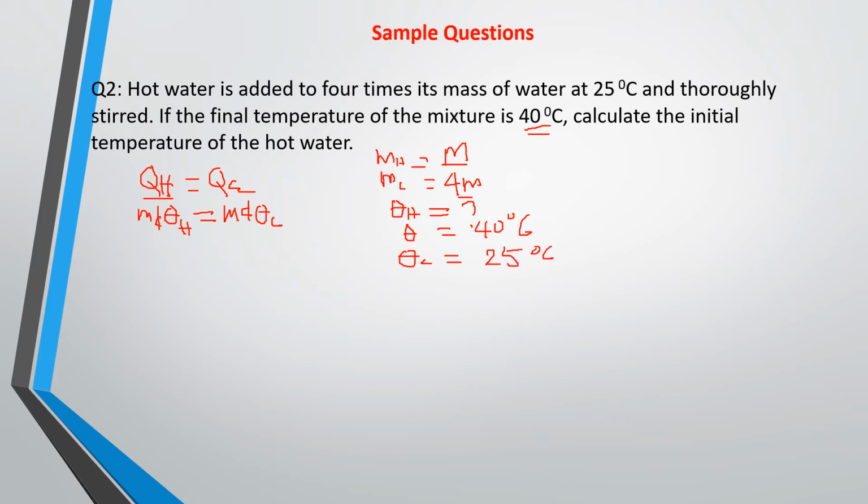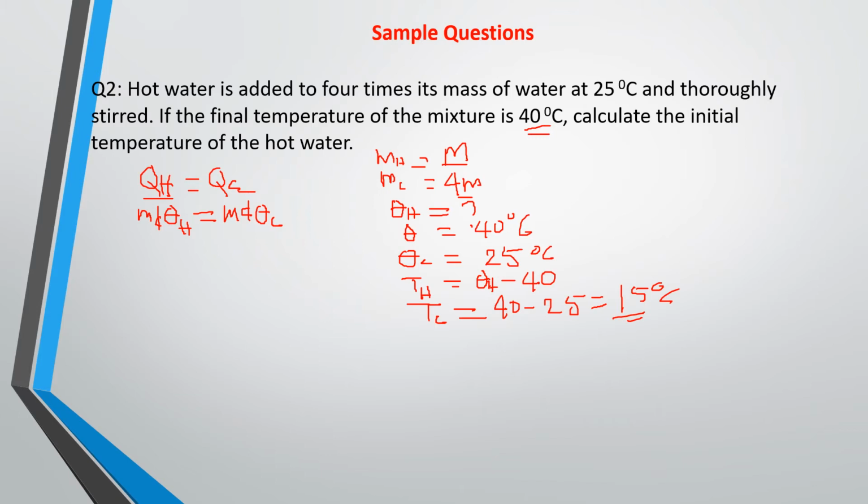So the temperature change for hot water will be equal to its initial temperature, which we don't know, minus the final temperature. Then the temperature change for cold water will be 40 minus 25, which is already known. So 40 minus 25 is equal to 15 degrees. So this is the temperature change for cold water.